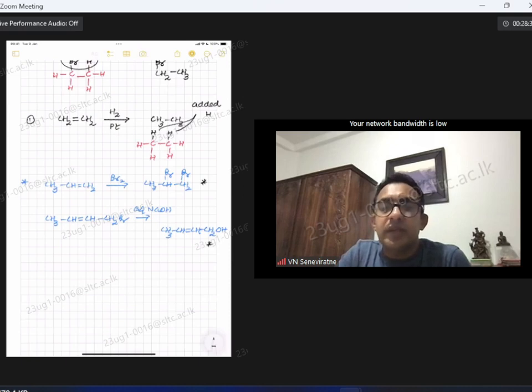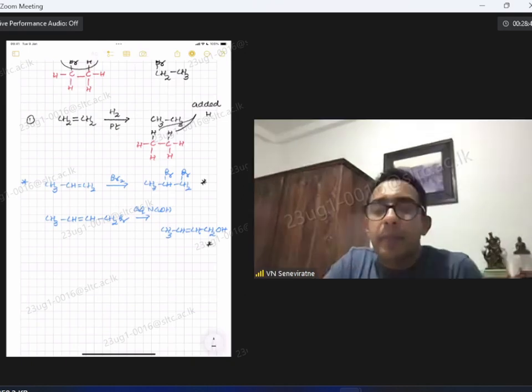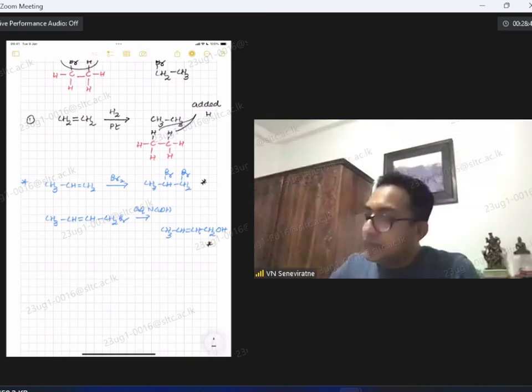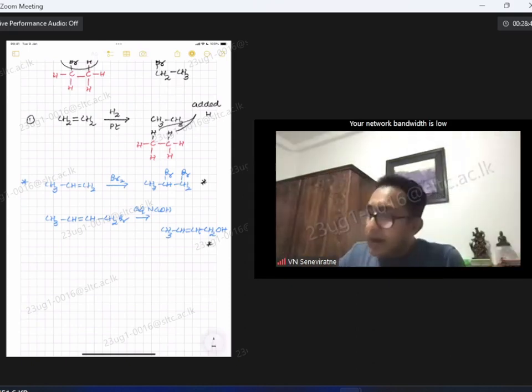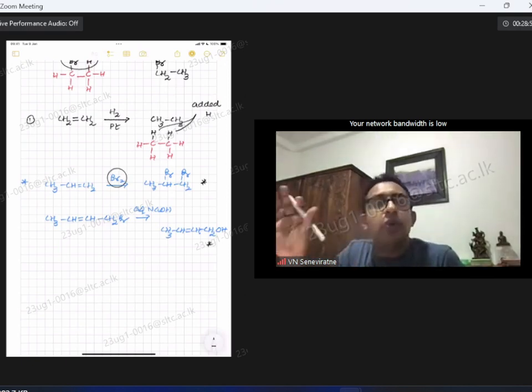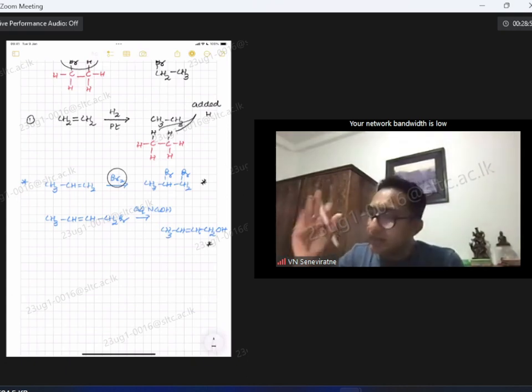First one, is it addition reaction or a substitution reaction? What do you think? It's an addition reaction. Yes, somebody is right here. Addition reaction. You have bromine, the group is newly added. All the old atoms are there. It's an addition reaction. What about the next one?